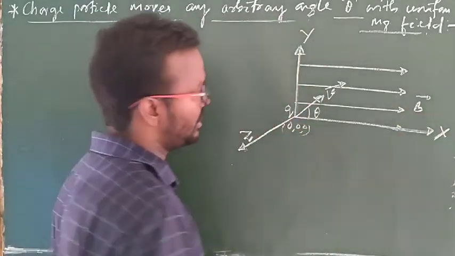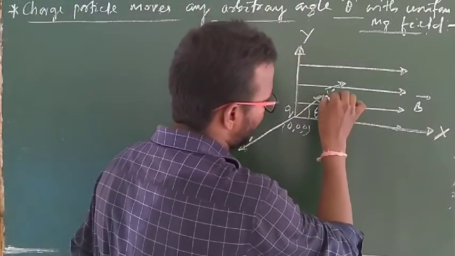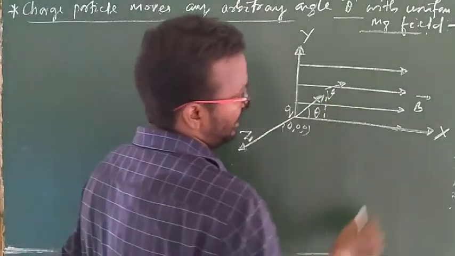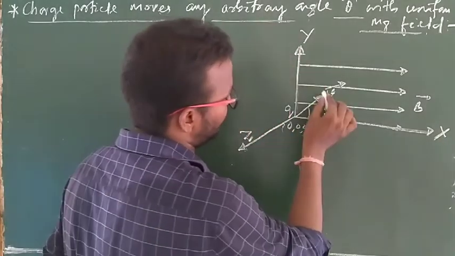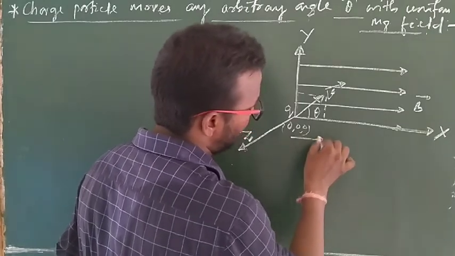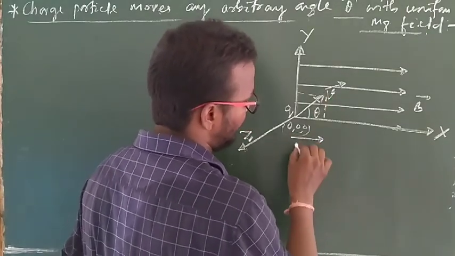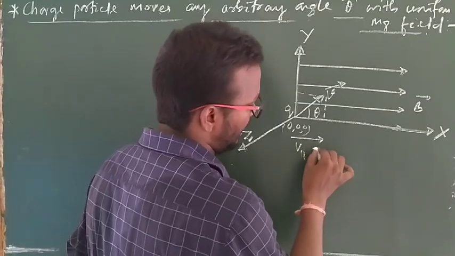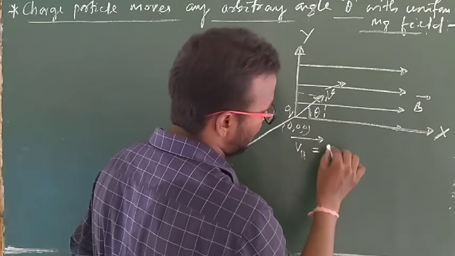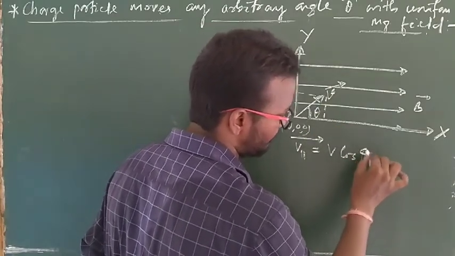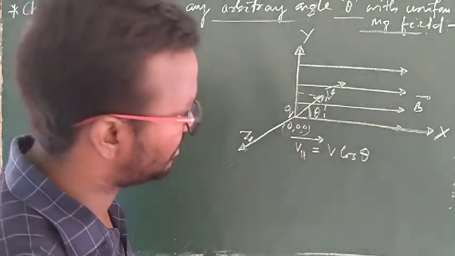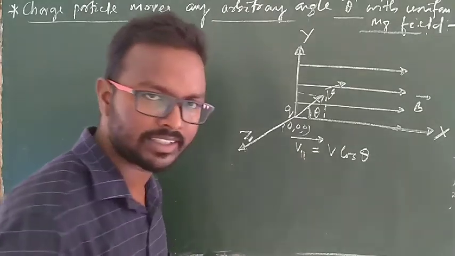If we resolve this velocity along the x-axis and along the y-axis, these are known as rectangular components. The component along the x-axis, parallel to the direction of the magnetic field, is v parallel, which is v cos theta.